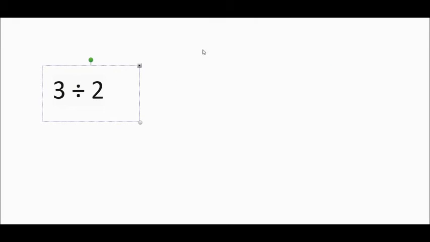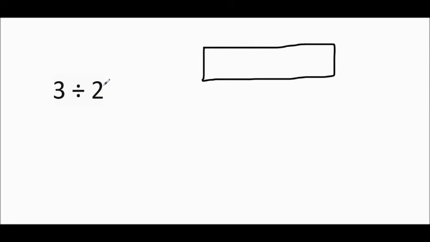So here I have 3. I'm going to draw it as a visual representation. Here's my tape diagram. If I drew it as a fraction, it would look like this. And because it looks like this, I see that my top number, my numerator, is larger than my denominator, which makes it an improper fraction.